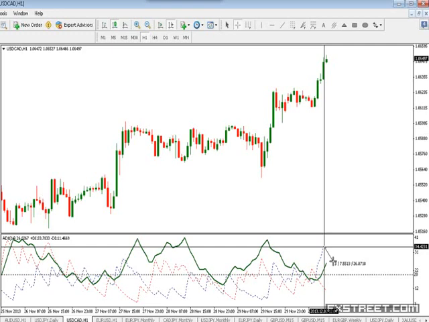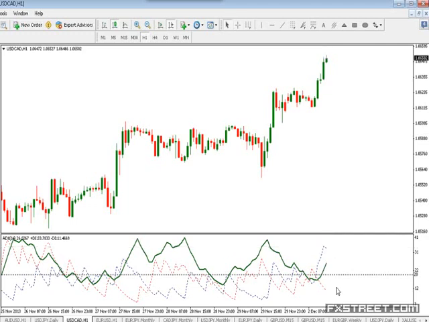If your red DMI line still continues to the downside, that means your trend is expected to continue. If your red DMI line starts moving up, it means your trend is about to end. And even though the ADX is up, it means that it is going overstretched. I'm using the word overstretched, not overbought, and it could turn.